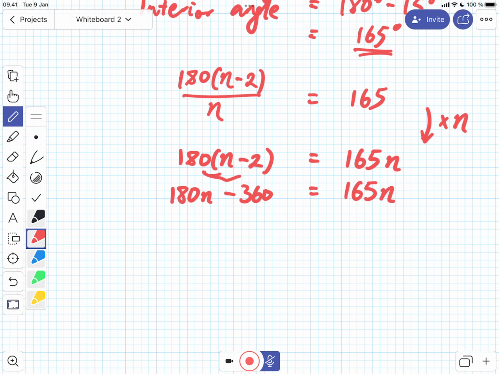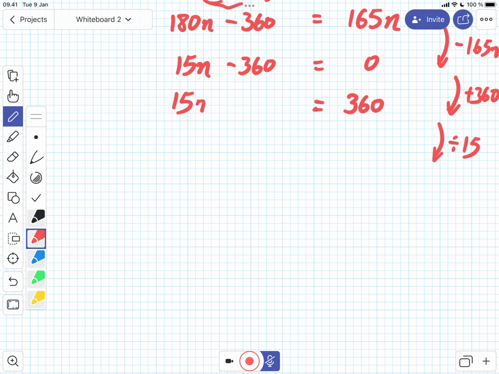And then I can just divide everything by 15 to figure out what a single n is. So 15n divided by 15 gives me n on its own, and I've got to divide the other side by 15 as well, and that gives me n equals 24 sides. So 24 sides.